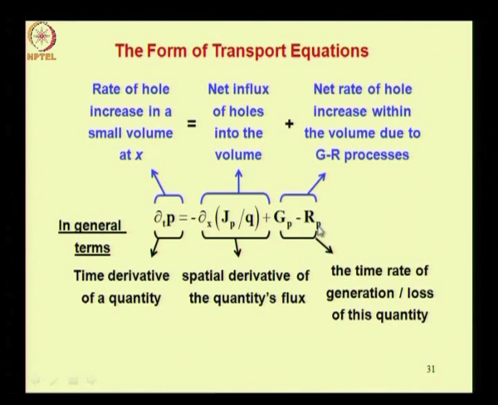So Gp and Rp together, this is a net generation or loss of P per unit time, per unit volume. Now let us look at some further things about this equation. In what way can the flux Jp be written?